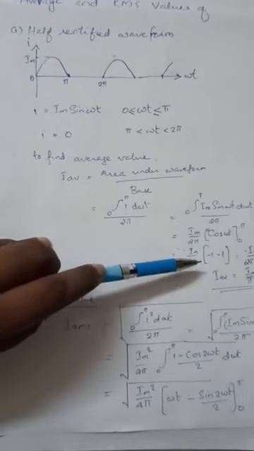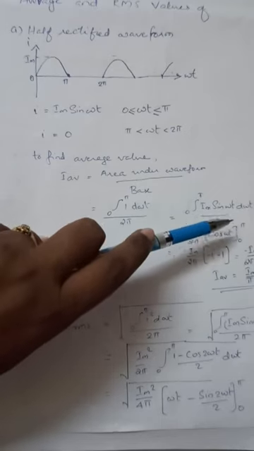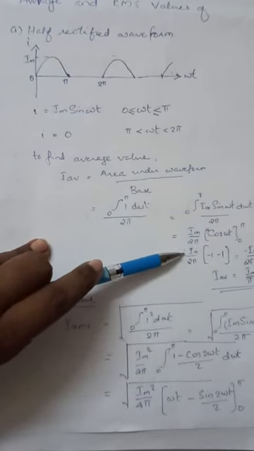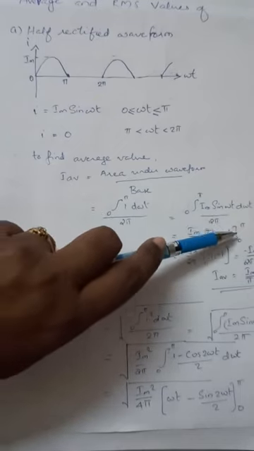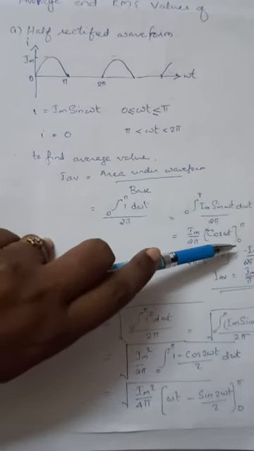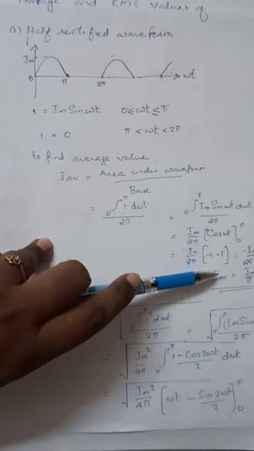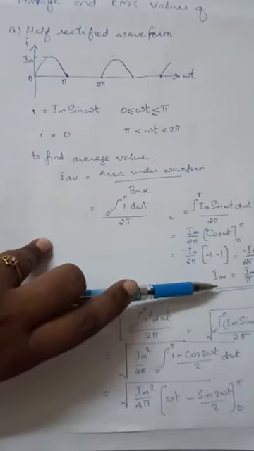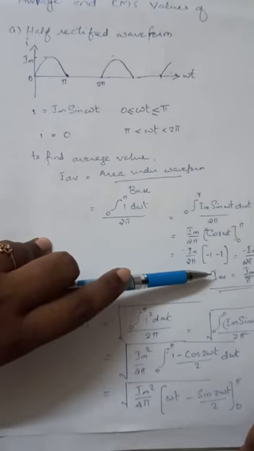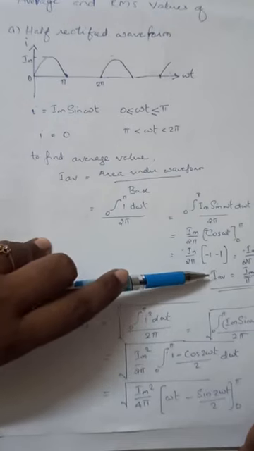So we can apply the limits 0 to pi. Minus Im by 2 pi into cos pi is minus 1, cos 0 is 1. So you will get minus Im by 2 pi into minus 2, that is equal to Im by pi. The average value of this half rectified sinusoidal waveform is equal to Im by pi.